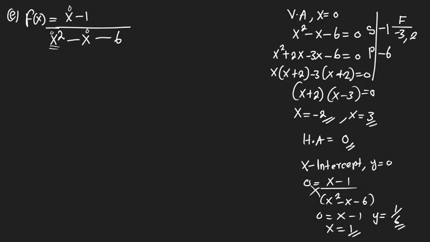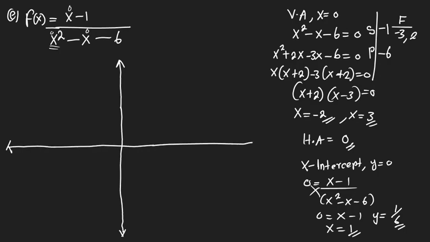Let's try to plot this graph. Okay, this becomes a 0, this becomes a 1, a 2, a 3, a 4, a 5, a 6, a 7.